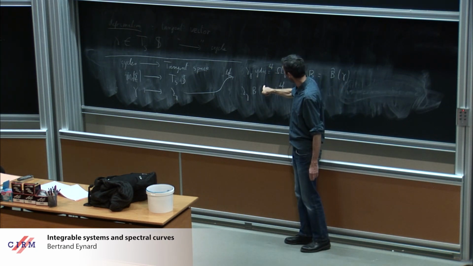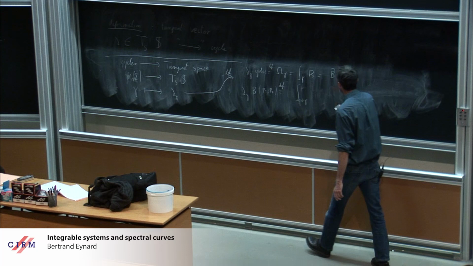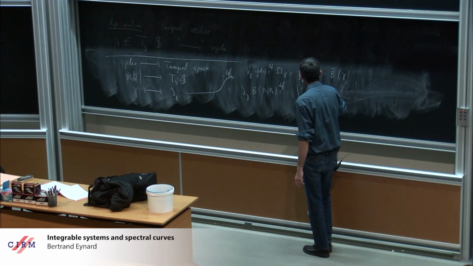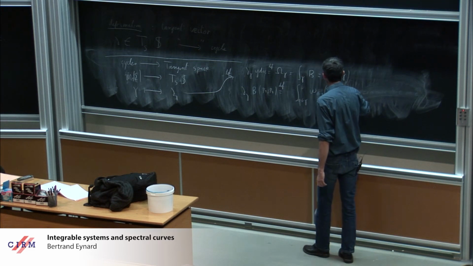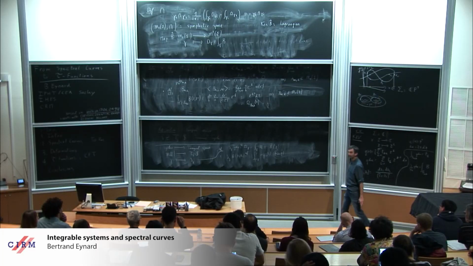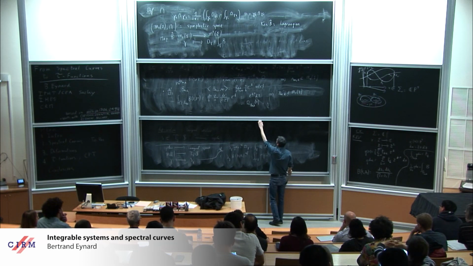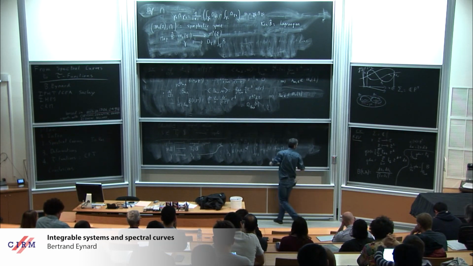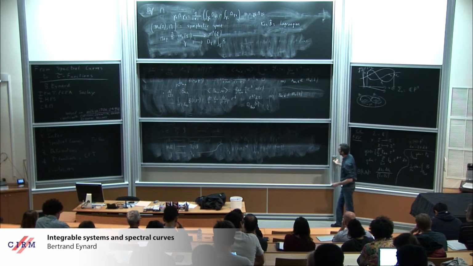It must be a one form in p1 and a one form in p2. So let me choose omega 03 of my spectral curve S and evaluate it at p1, p2, p3, q. So that's by definition of how to associate.